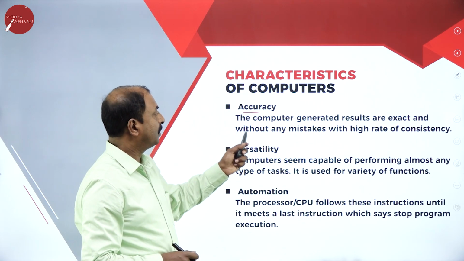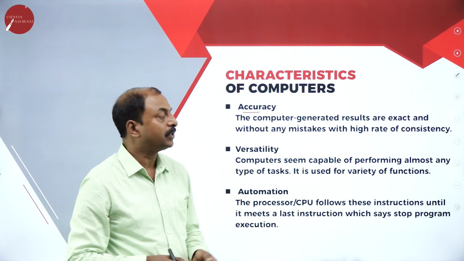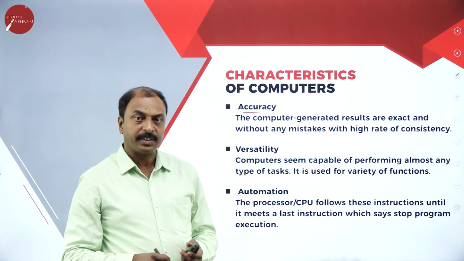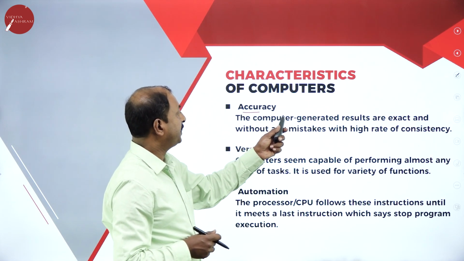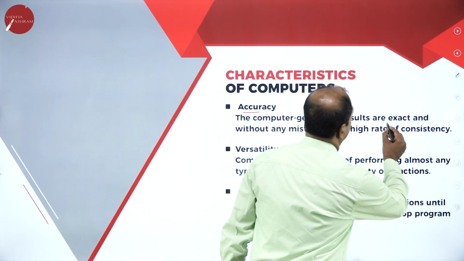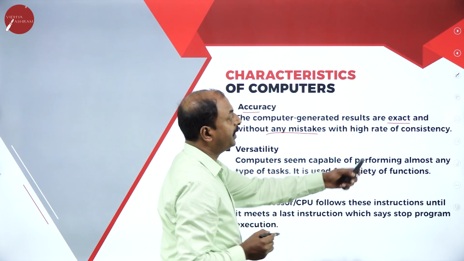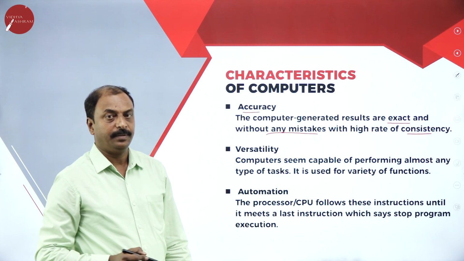If there are any mistakes in our result, that is not because of the computer, but because of the programs or instructions given to it by the user. So computer-generated results are exact and without any mistakes, with a high rate of consistency. That is accuracy.